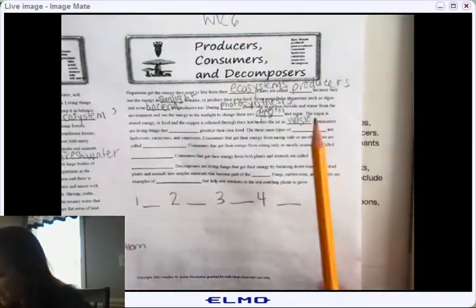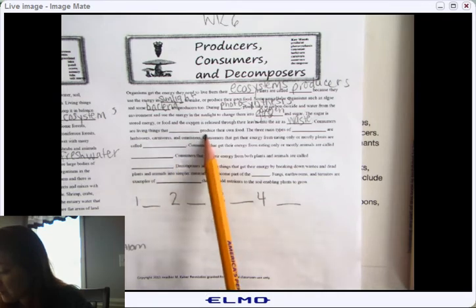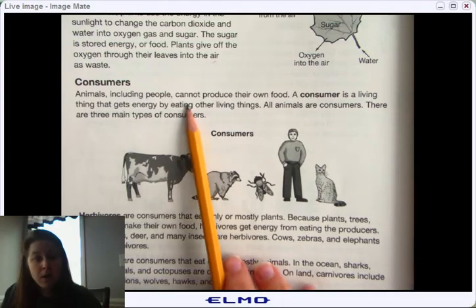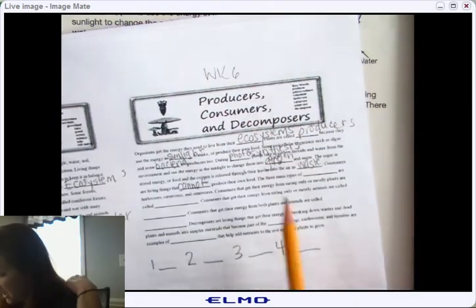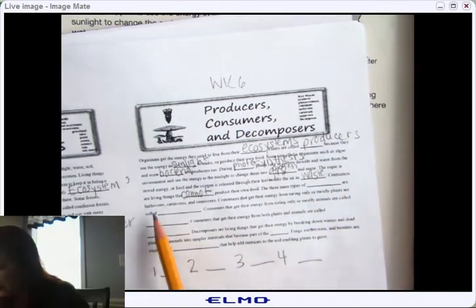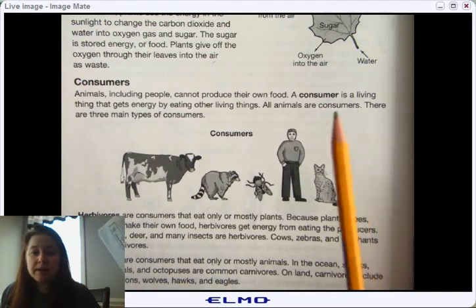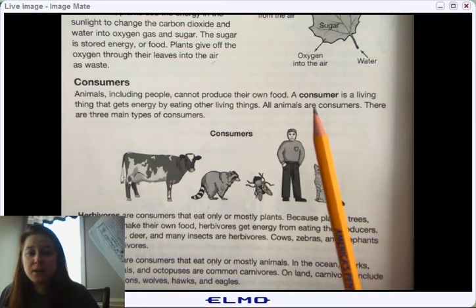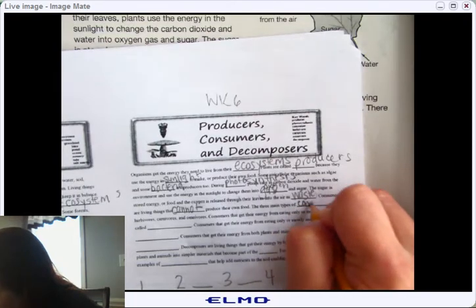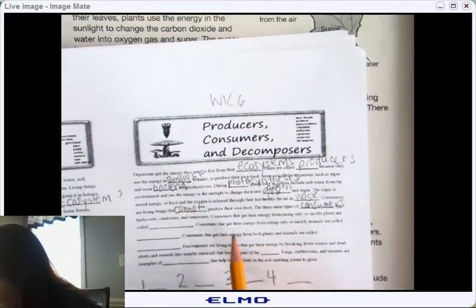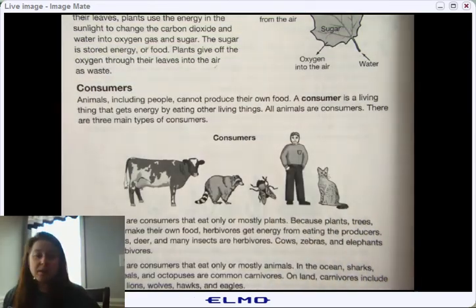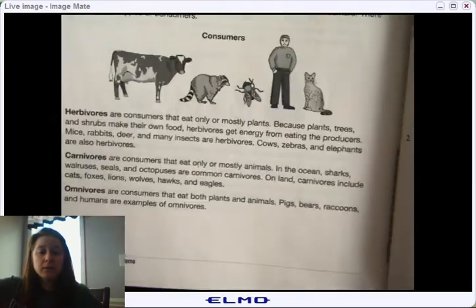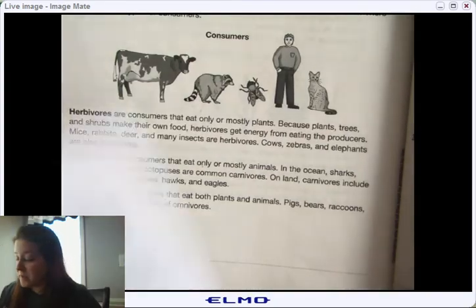So looking over here, consumers are living things that cannot produce their own food. The three main types of consumers are herbivores, carnivores, and omnivores. So the three main types of what? Consumers. Consumers that get their energy from eating only or mostly plants are called herbivores.